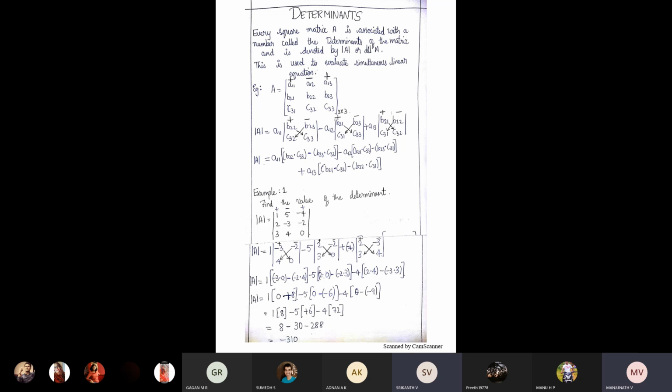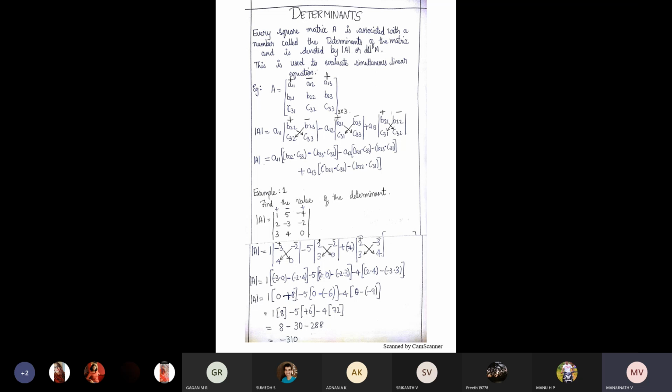A12 is associated with the minus sign on top of its column, so you take minus A12. A12 means first row and second column. You suppress first row and second column and see what you are left with.